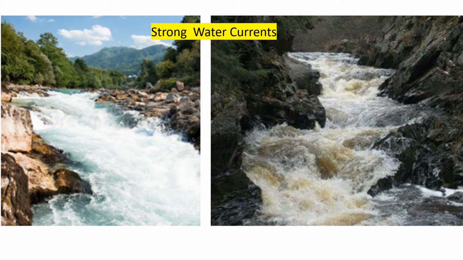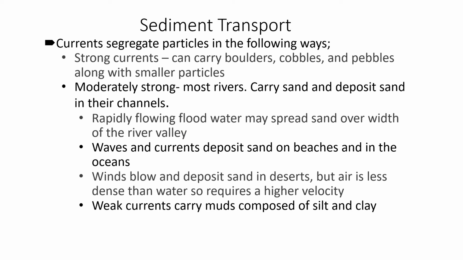And then strong water currents. So all particle sizes are being carried in the water column itself. We might have some things being carried along the bottom of the channel. So strong currents can carry boulders, cobbles, and pebbles, along with the smaller particles.